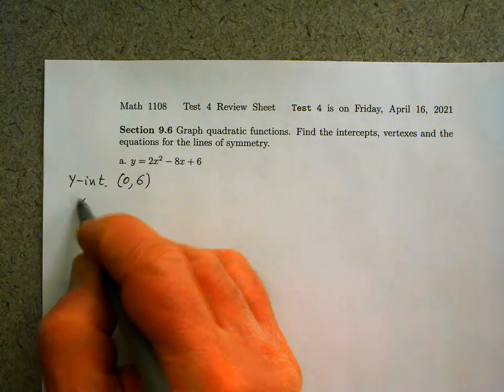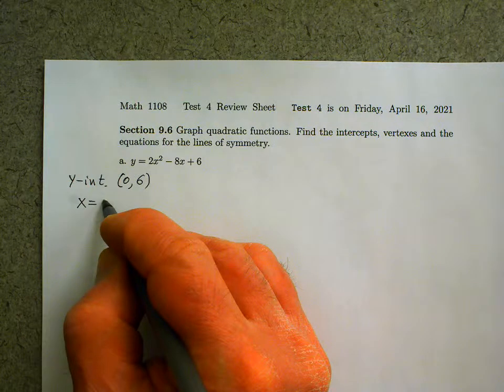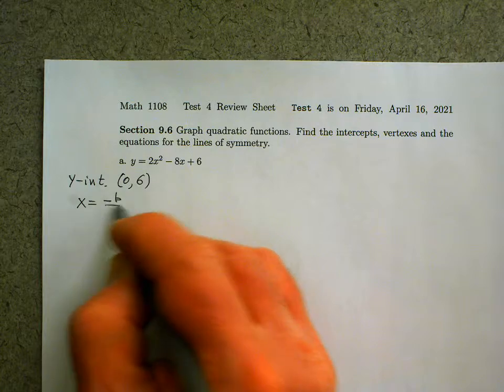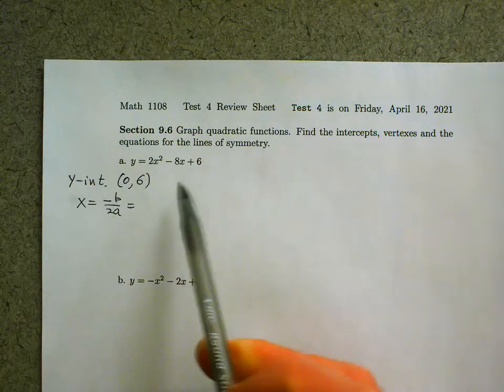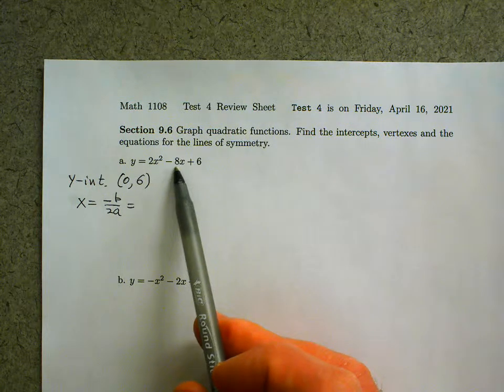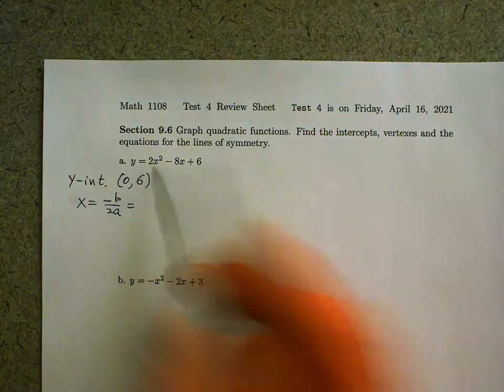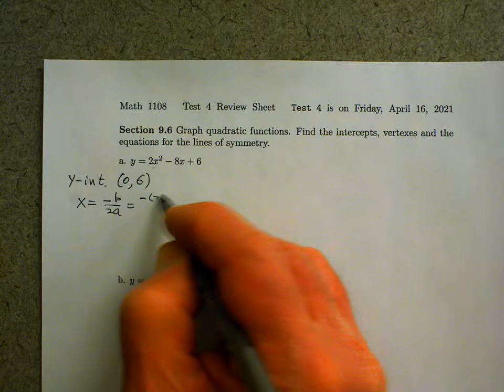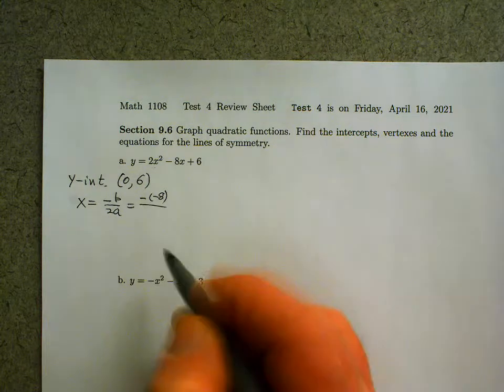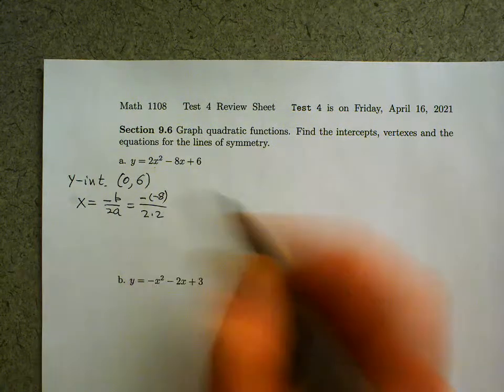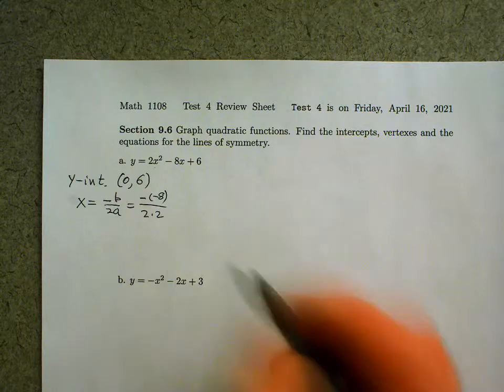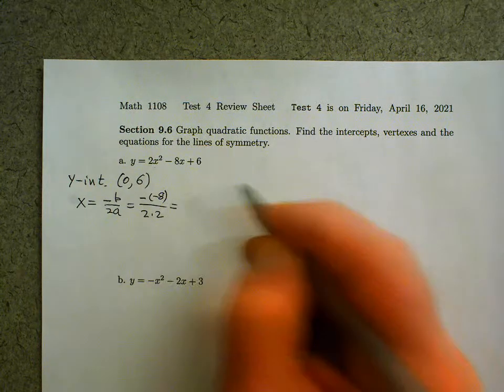The x-coordinate of the vertex is, the formula for that is negative b over 2a. So in this one, b is negative 8 and a is 2. So the negative of negative 8 divided by 2 times 2, or 8 divided by 4, is positive 2.